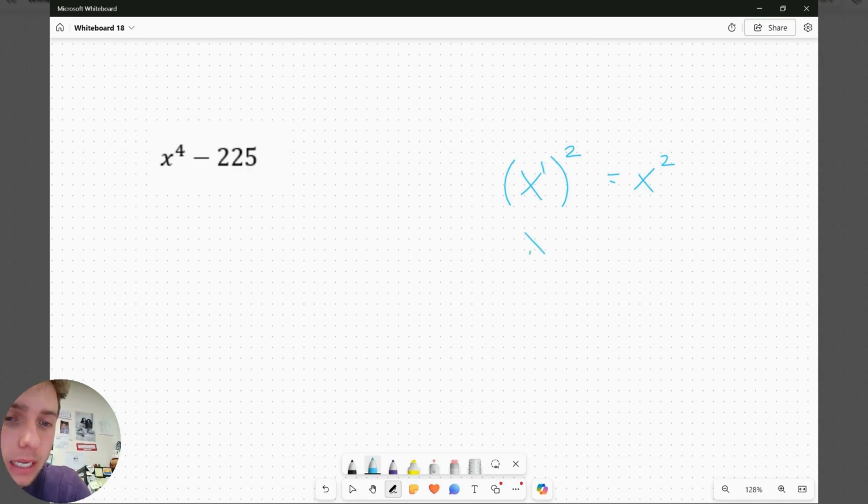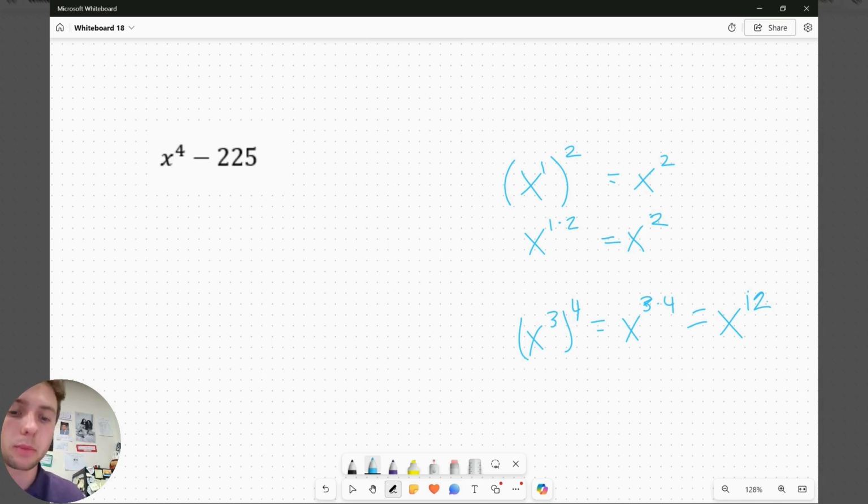When something has multiple exponents, what you're doing is you're multiplying those. So this is really x to the 1 times 2, which does get us x squared. If you had something like x to the third and then raised to the fourth, again, you would multiply those together, in this case giving you x to the 12th.